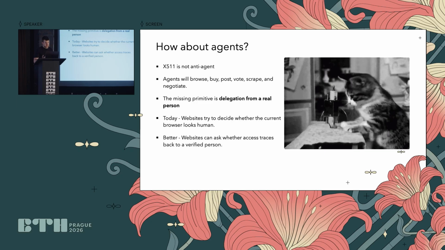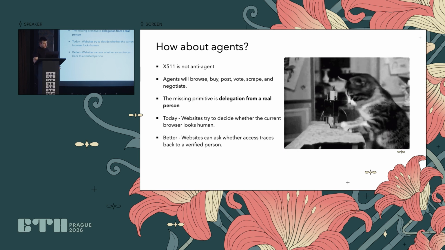Well, it's a nice experiment. What we are missing currently is a primitive to delegate identity from a real person to the agent, so you know that there is an AI agent backed by a real human, which is kind of nice. Well, it has some limitations. We've been talking to lawyers about how to do that best. We don't have an answer yet.